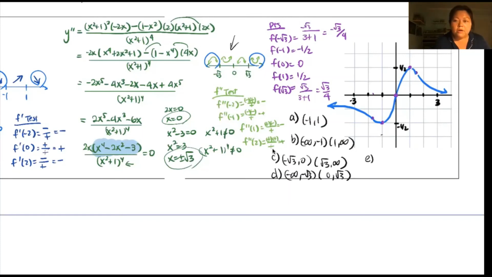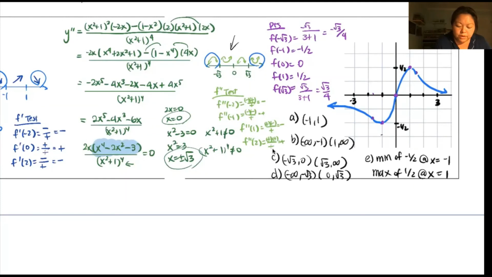Part E, where are my extrema? So we have some extrema. We had a minimum value of -1/2 at x equals -1. We had a maximum value of +1/2 at x equals +1.